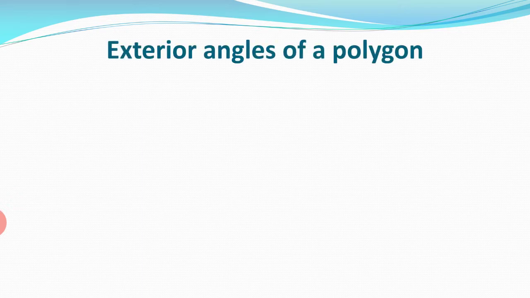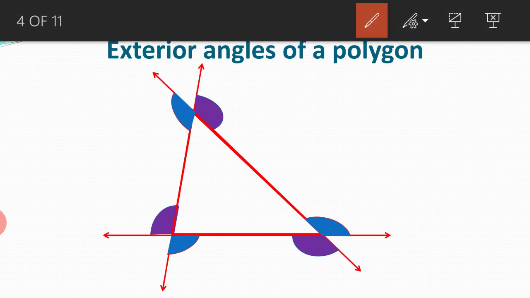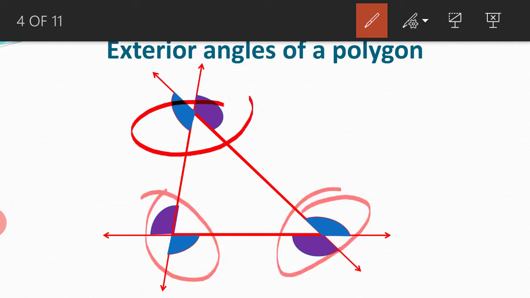Is it okay? So let us see. The first one which we have drawn now and the second type. So at every vertex, how many exterior angles are formed? So we have 2 exterior angles at every vertex. Is it okay? Does it mean that there are 6 exterior angles?